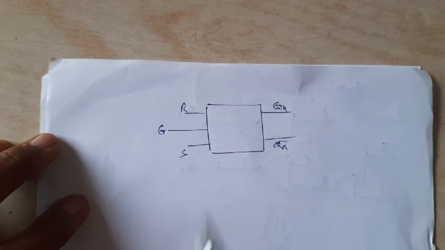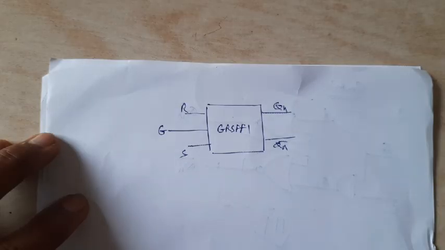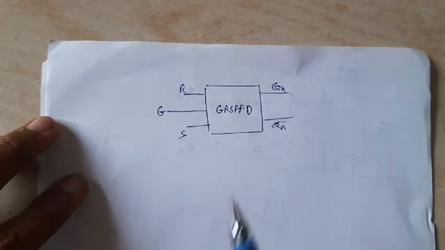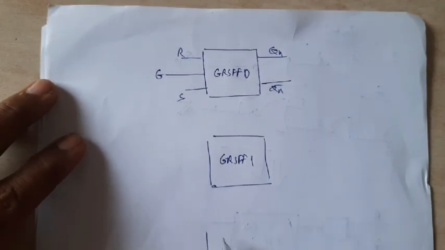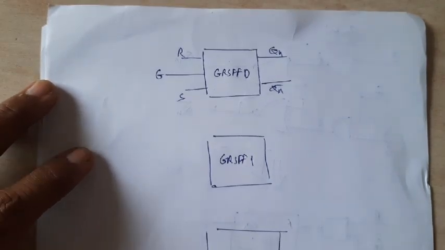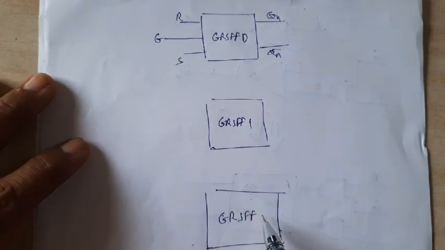This is one flip-flop. I will write here it is gated RS flip-flop 0. Then suppose this is gated RS flip-flop 1 and one more flip-flop. It may happen that there is a series of flip-flops, gated RS flip-flop 2.